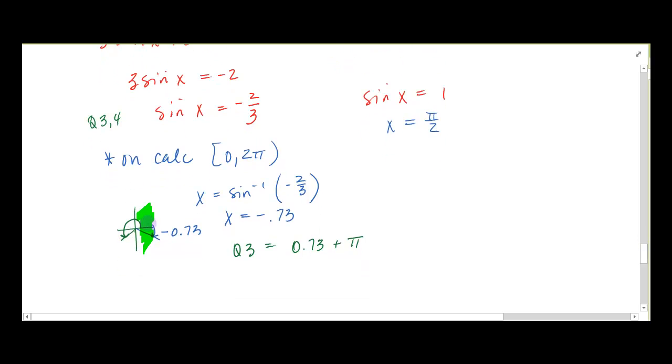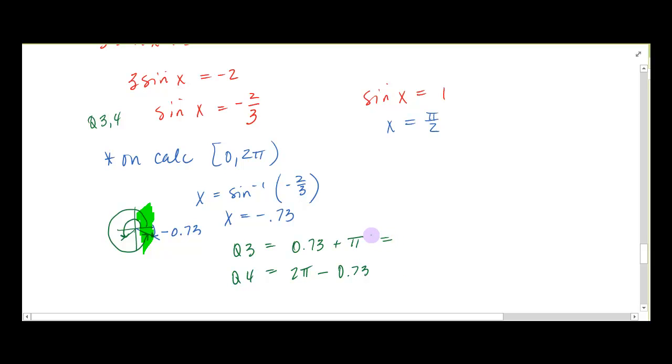And then for the fourth quadrant angle, I could find that by taking several different options, but what if I said 2 pi minus 0.73? That's going to give me the two angle values I need.